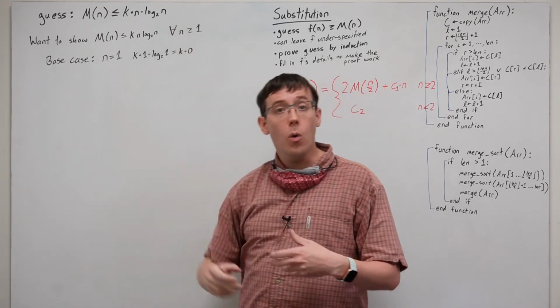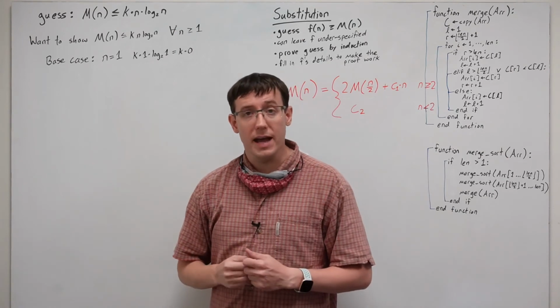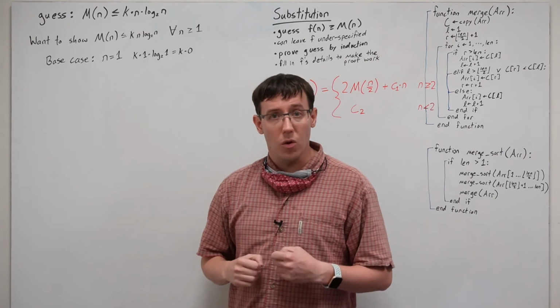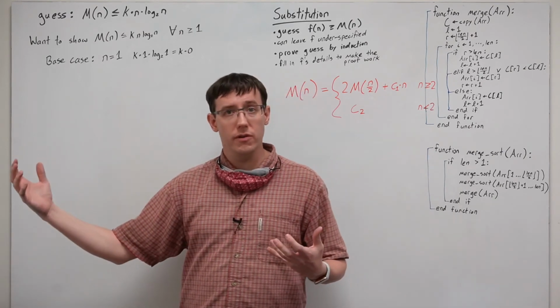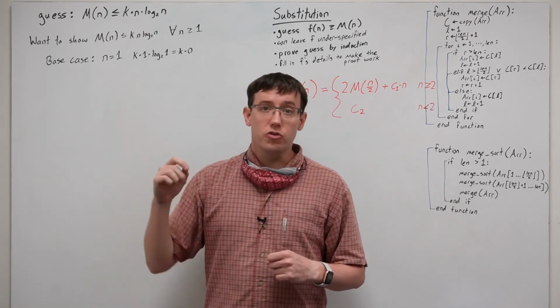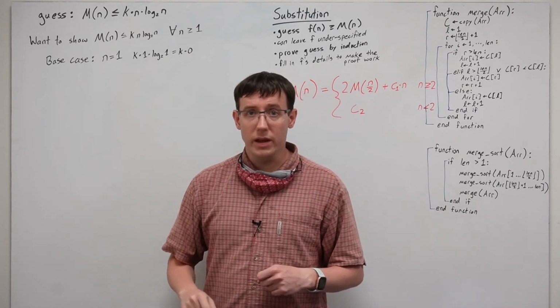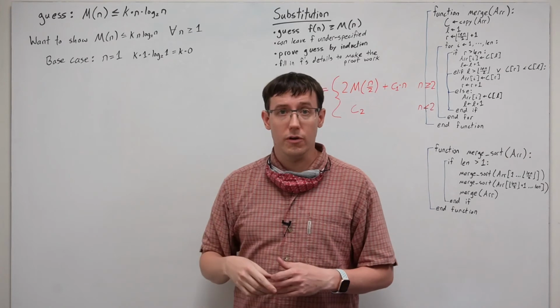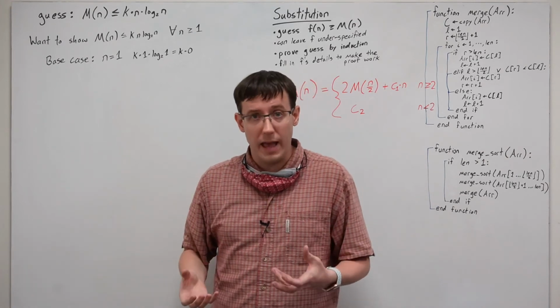log n. Or we could take advantage of the fact that big O only requires the bound to hold as n goes off to infinity. And so we could change our base case to, instead of starting from 1, we could start from a larger value of n.